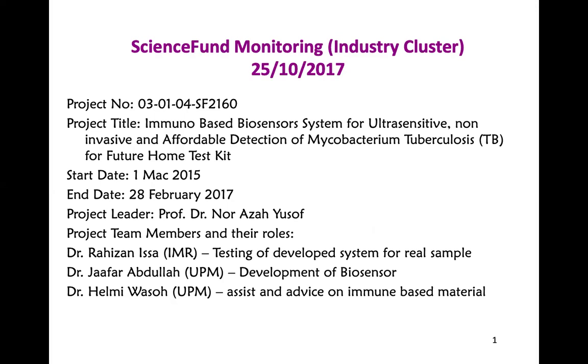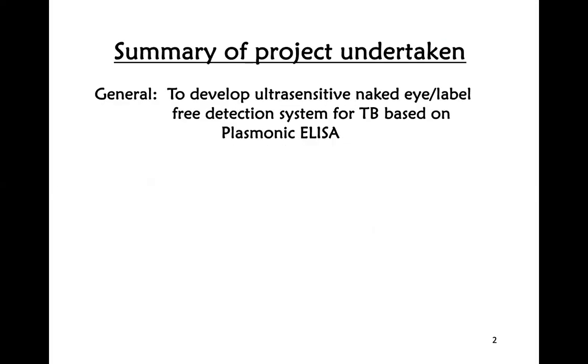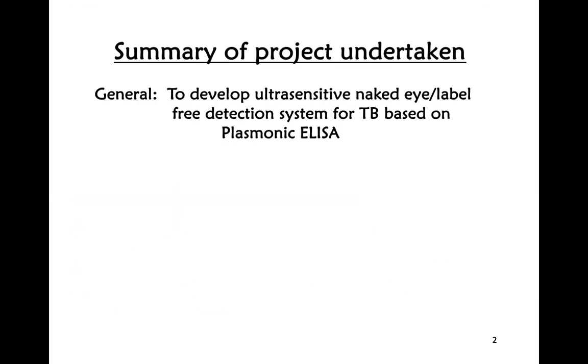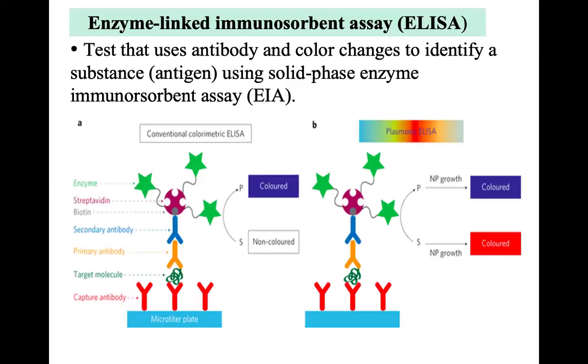So in this case, we are also developing for tuberculosis, but this one is optical based. To be specific, we are talking about color change, which is why it is naked eye. The name is plasmonic ELISA, so is anyone familiar with ELISA?